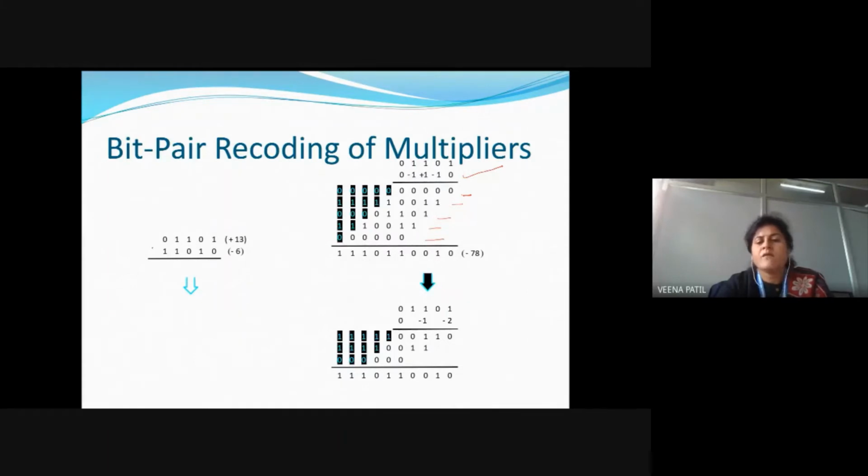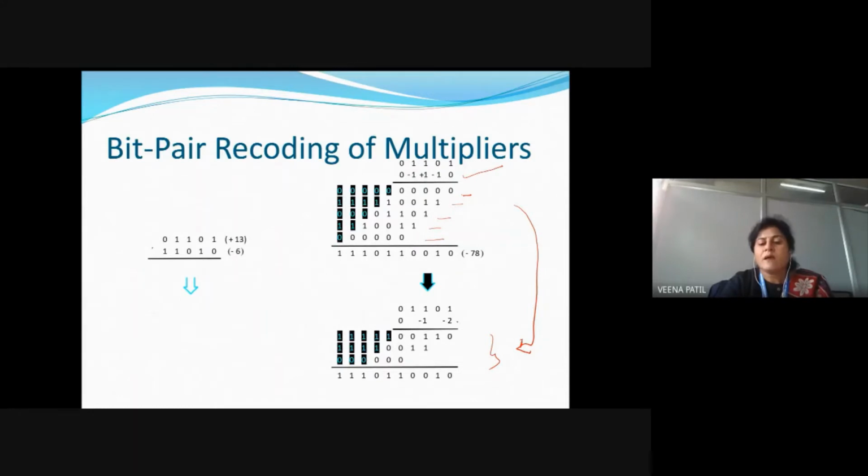Whereas if I do it using fast multiplication, it will be reduced almost by half. So here it is 1, 2, 3, 4, 5. It will be almost n by 2. Now, what minus 1 means, what minus 2 means, that we need to understand.